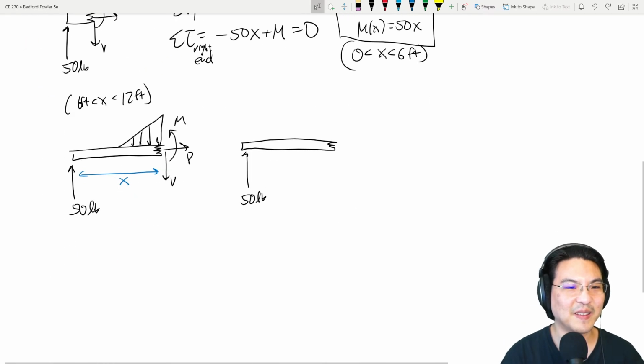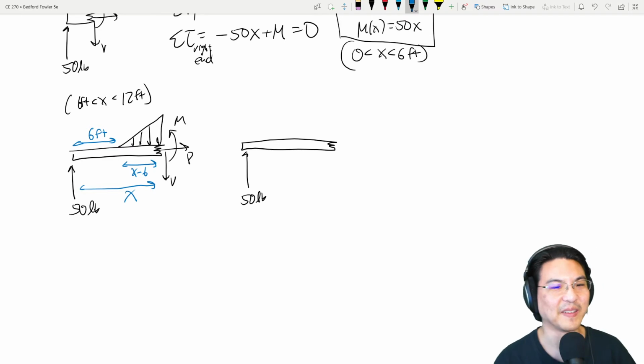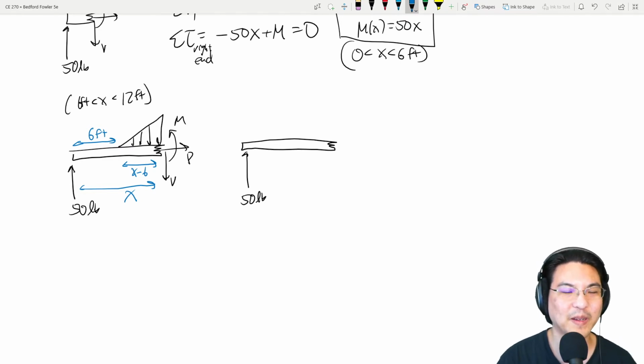Okay, and then here to here is 6 feet, which means here to here is the leftovers, right? That's got to be x minus 6, because the overall dimension was 6. Oh no. X, sorry.